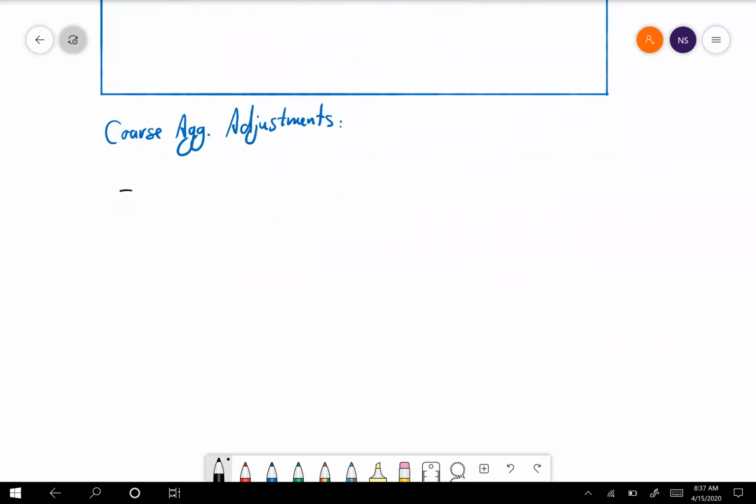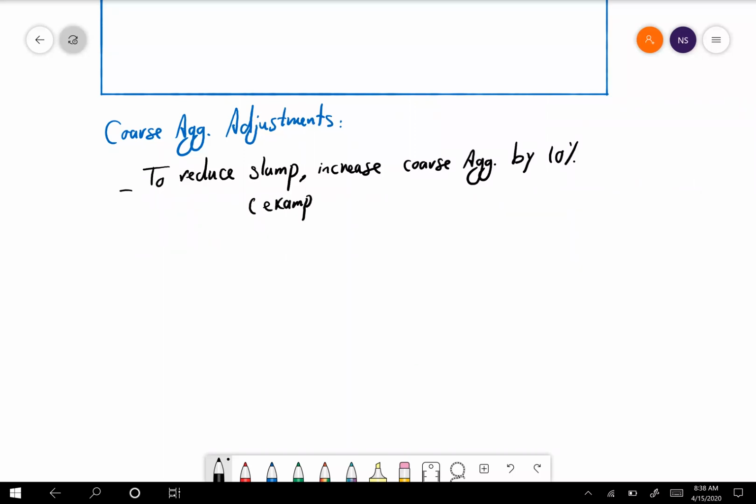If we want to reduce slump, increase coarse aggregates by 10%. An example is pavement production.